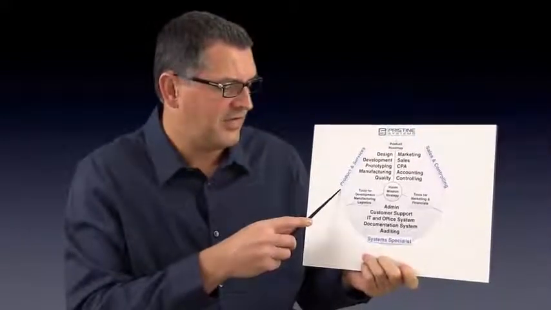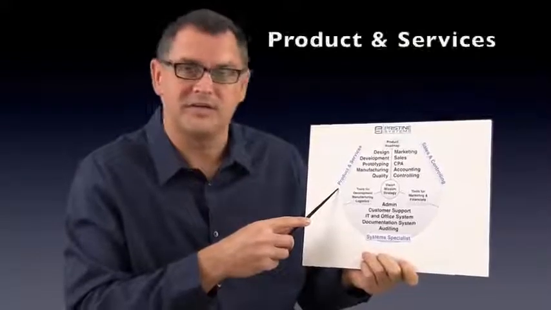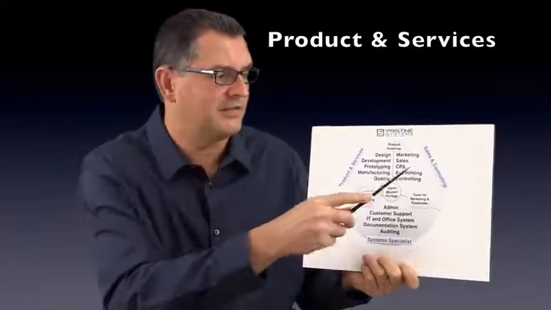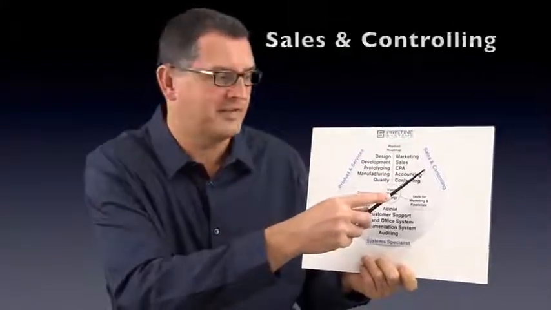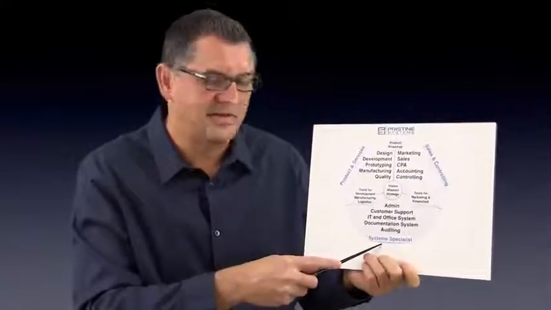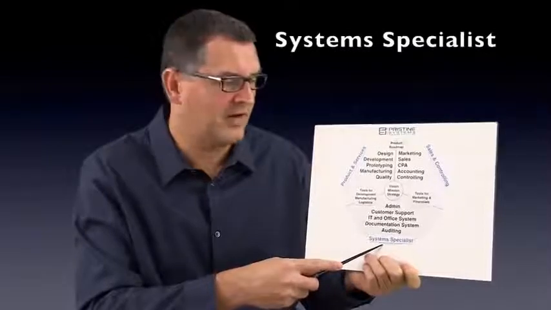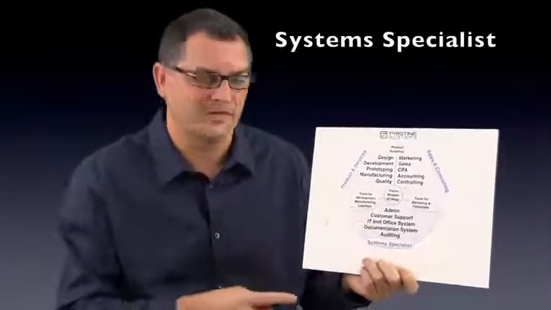In this scenario, and this is based on something we actually did with one of the companies, you have a specialist who is focusing on the product and service first, and then another one who is focusing on the sales and the controlling part of the company, and the third one who is the systems specialist who kind of ties it all together from a systematical perspective.